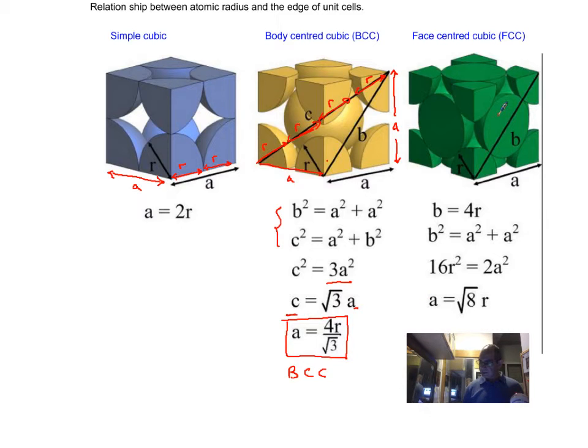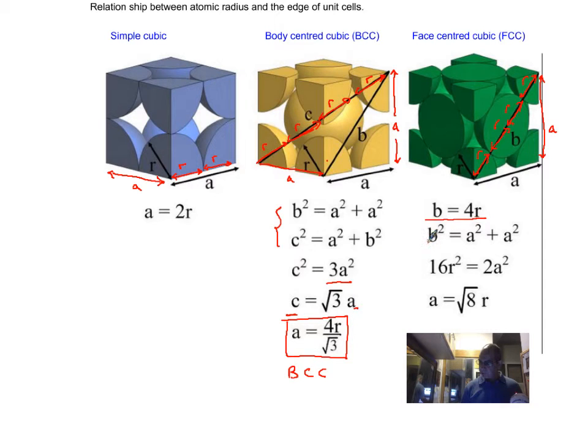Face-centered is also easily calculated. Now you have one side and another side, which is a, and the hypotenuse is, again, you have one r here. This is a diameter divided by 2, so you have r, then radii, and you have the fourth r. So b is equal to 4r, that's given from this.